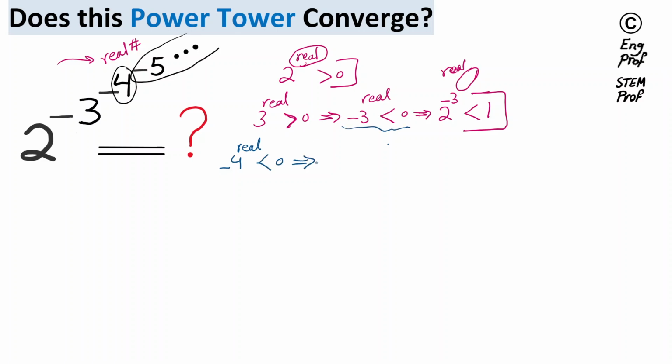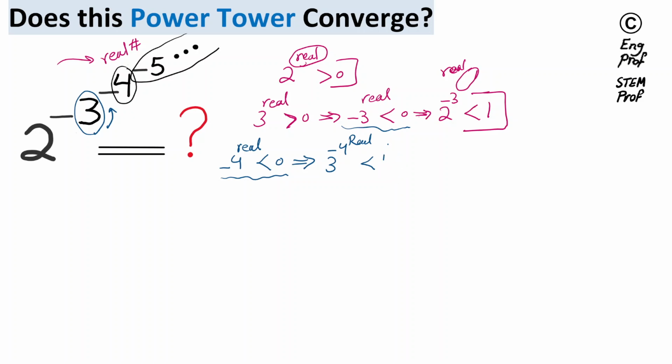So as a result, raising both sides of this inequality with base 3, it's 3 to the power negative 4 to the power a real number, which I'm going to write just as real, is going to be less than 3 to the power 0, which is going to be less than 1.